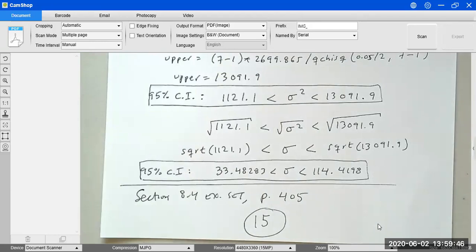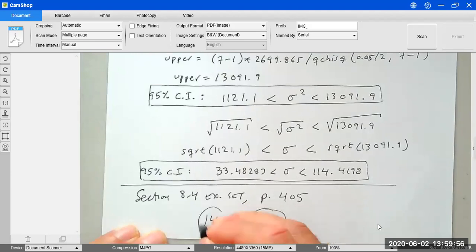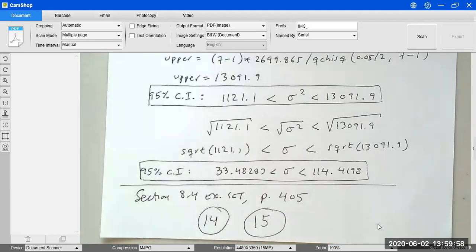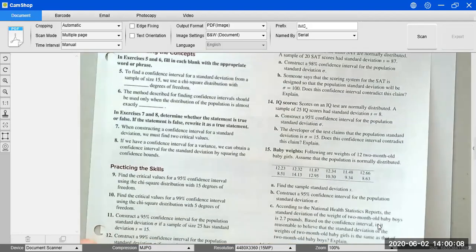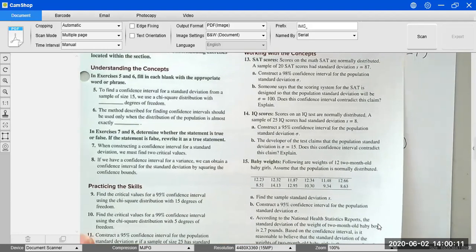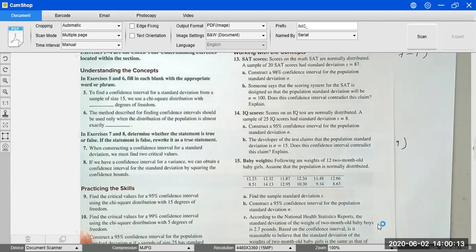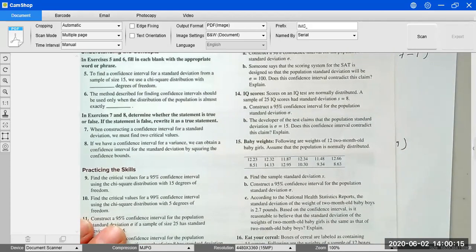It would be good if you work also a problem where you are given directly the standard deviation. So you're going to work problem 14 and 15. So in one case, 15, you're going to get a data set, so you do what I did, enter the data set. In the other one, you're going to get directly the standard deviation, so you just substitute the value in your formula. So I have here 14 and 15.